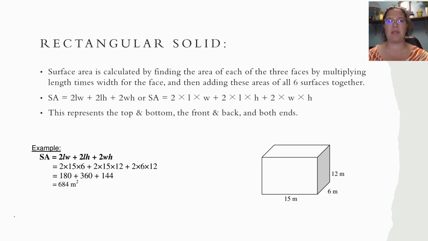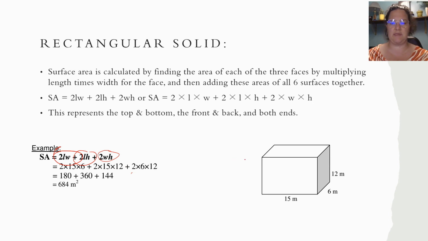So the surface area is calculated by finding the area of all three faces and multiplying them by 2 because there are 2 matching faces for all 3 different ones. So we have 2 times the length and the width for one of the faces, 2 times the length and the height, and 2 times the width and the height.